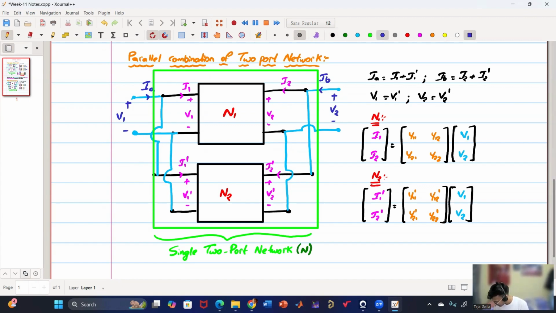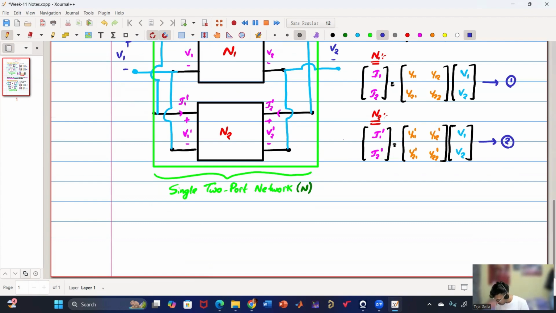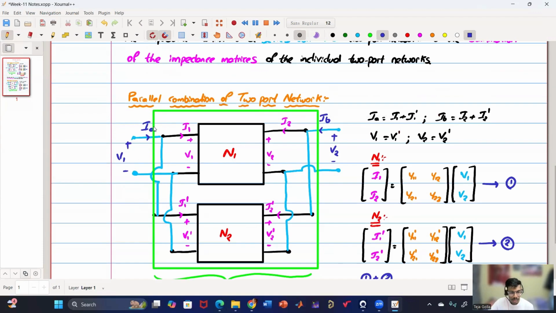So now this becomes my equation 1 and this becomes my equation 2. Now I'm going to do exactly the same thing that I had done earlier. I'll do equation 1 plus equation 2. So I1 and I1 dash addition becomes IA and IB, which are my new input and output currents here.